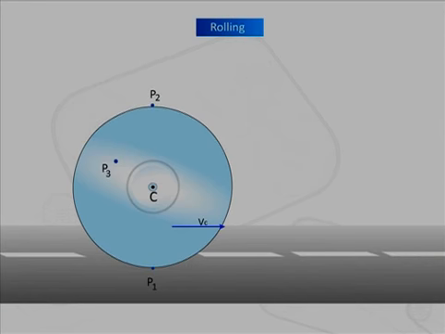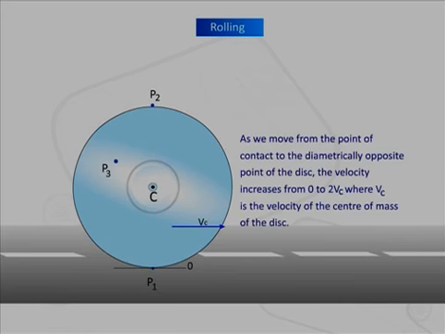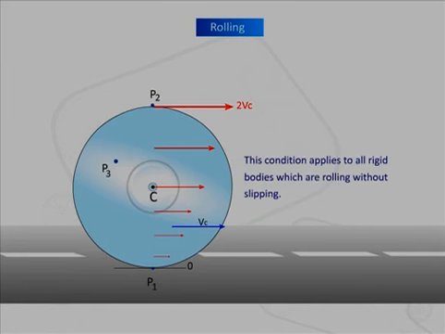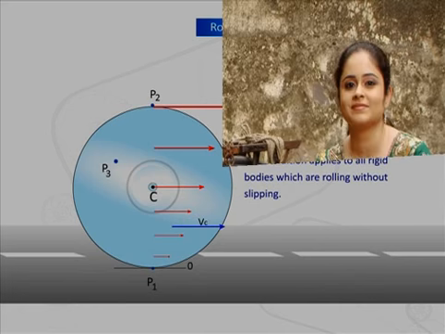It can also be concluded that at any instant of time, as we move from the point of contact to the diametrically opposite point on the disc, the velocity increases from 0 to 2Vc, where Vc is the velocity of the center of mass of the disc. This condition applies to all rigid bodies which are rolling without slipping.